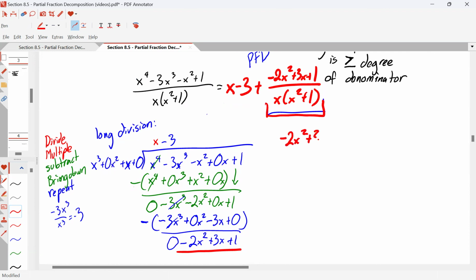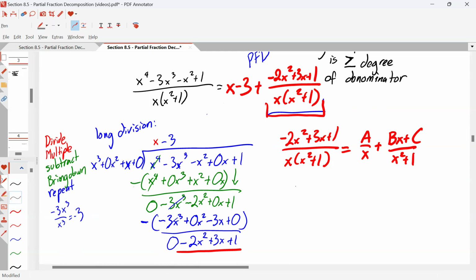We are going to do partial fraction decomposition on this fraction. Negative 2x squared plus 3x plus 1 over x times x squared plus 1 is equal to, we said before, this would break up as A over x plus Bx plus C over x squared plus 1.